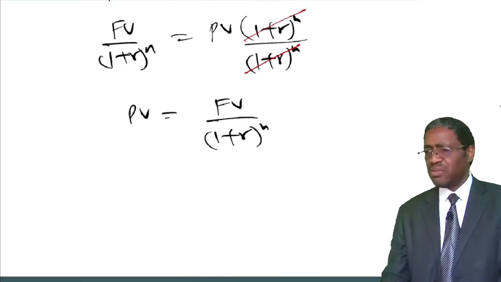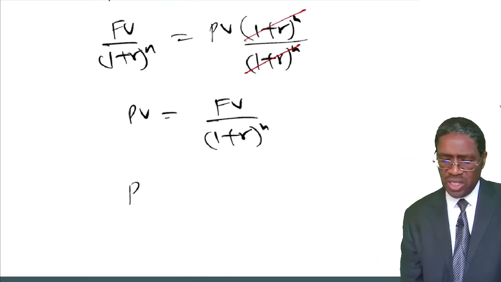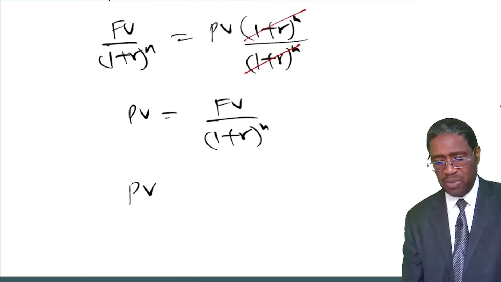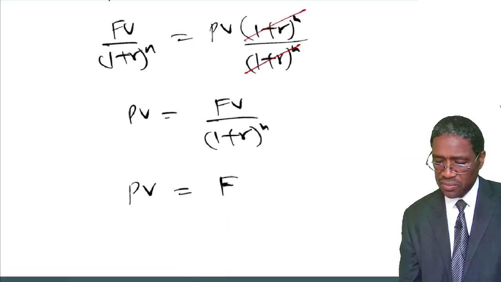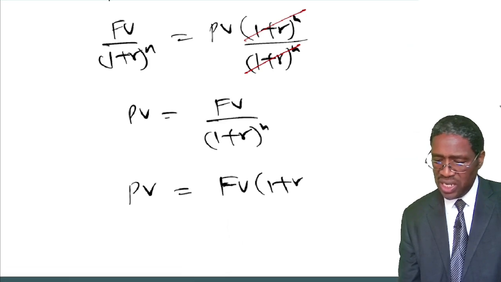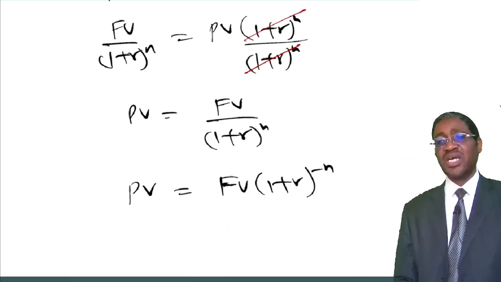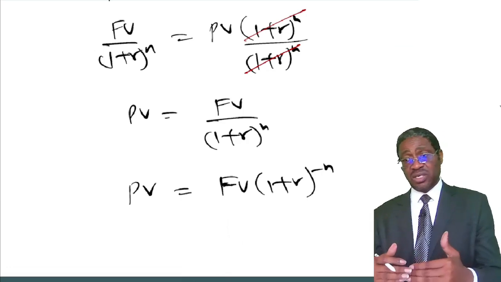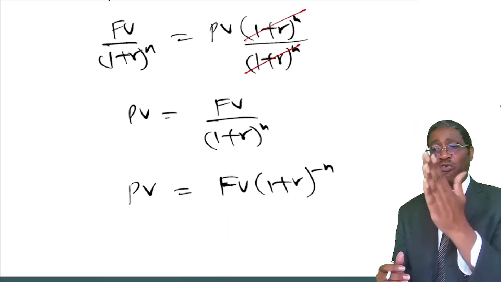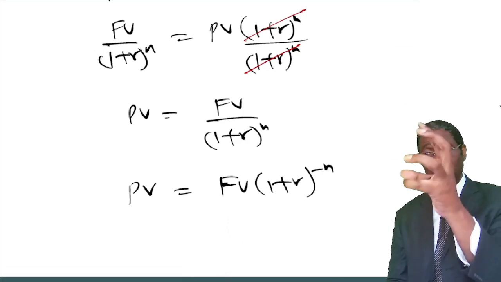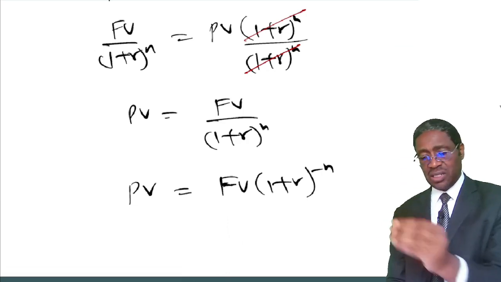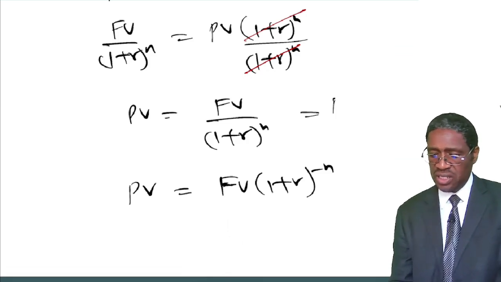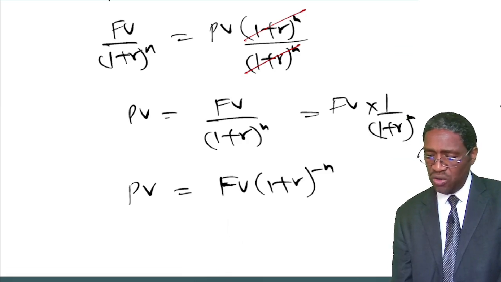Mathematically you also know that this can be expressed as PV equals FV into 1 plus r to the power of negative n, which is the same as taking 1 over the denominator, 1 over 1 plus r to the power of n.